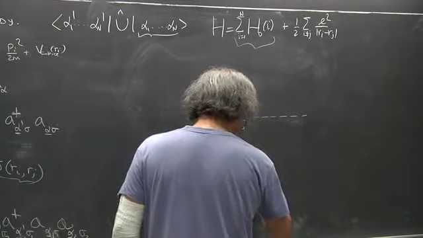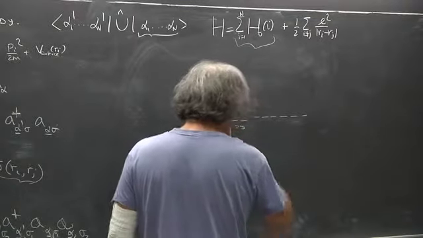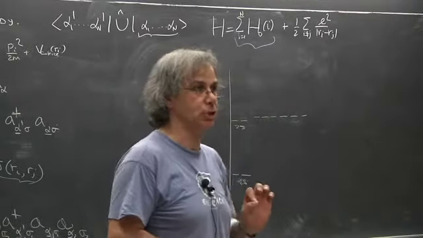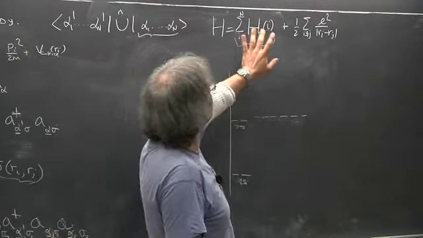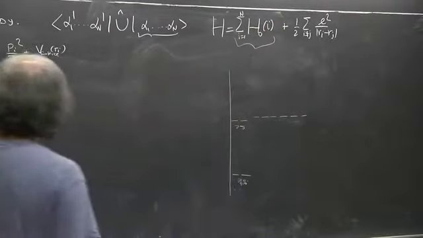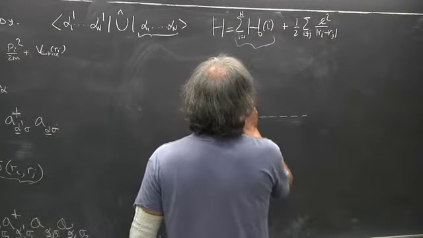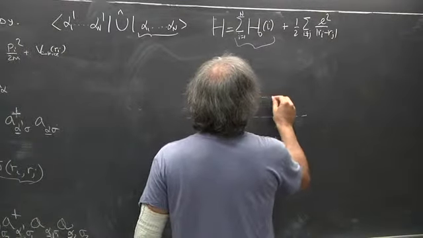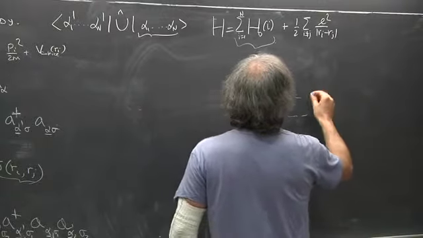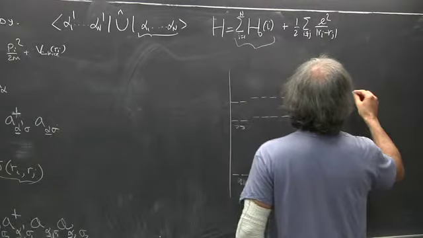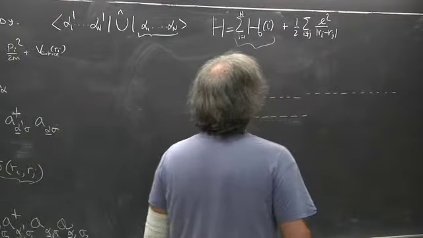In any case, this is not central to what I'm saying, just to warn you that the exact degeneracy is there only for a strict 1 over r potential, okay? So as soon as you think of some Hamiltonian with some external potential of any type, which is not a strict 1 over r, that thing is lost, okay? Then there would be 3s, 3p, perhaps 3d, and once again, not necessarily degenerate with 3d. Okay?